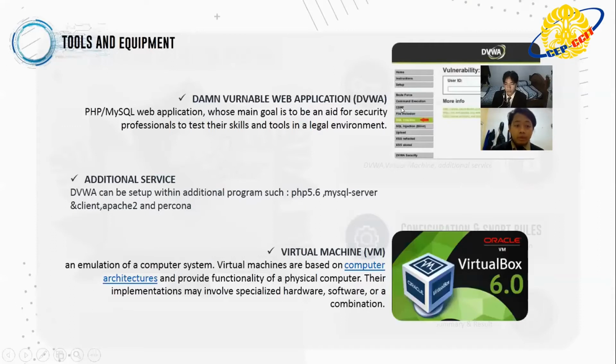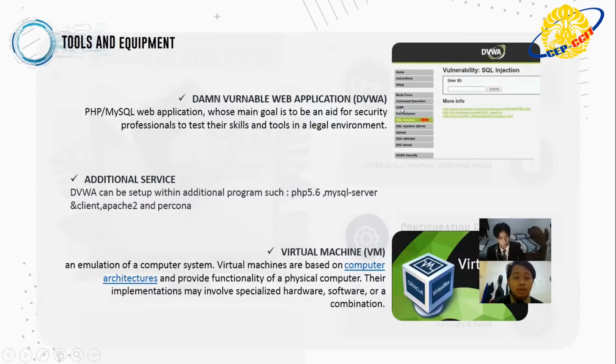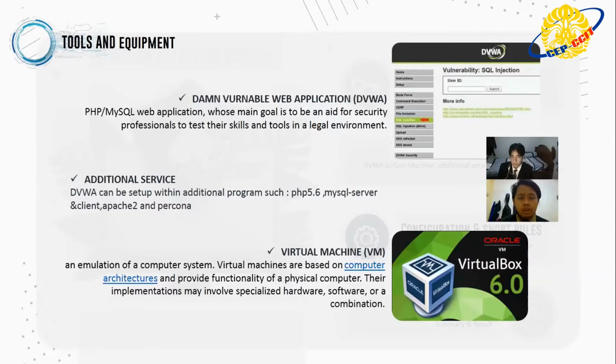And then tools and equipment. The first tool used in this project is the Damn Vulnerable Web Application, or DVWA. This application can be used by security professionals to test, from a hacker's view, how strong the web application that has been developed is.